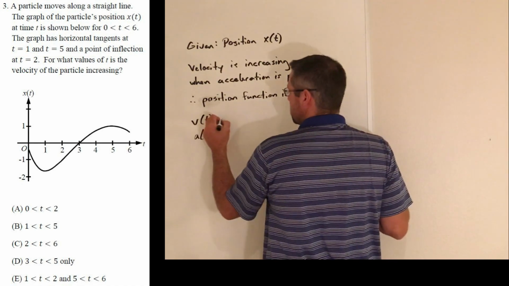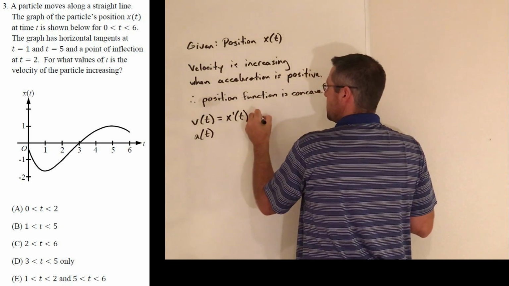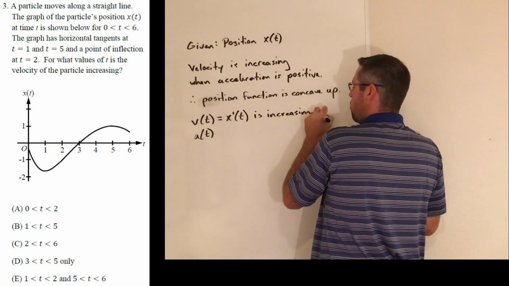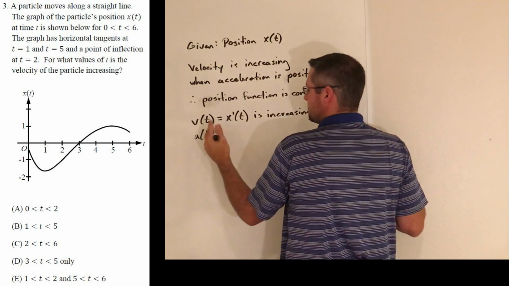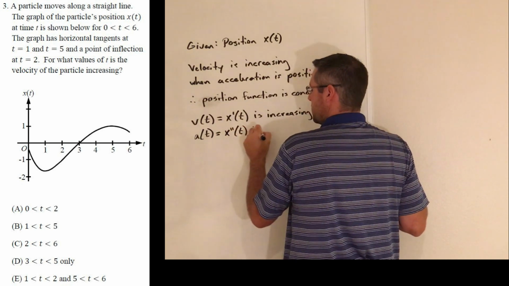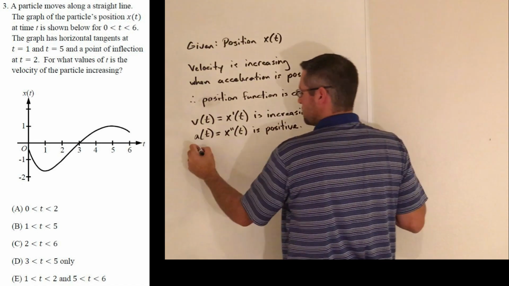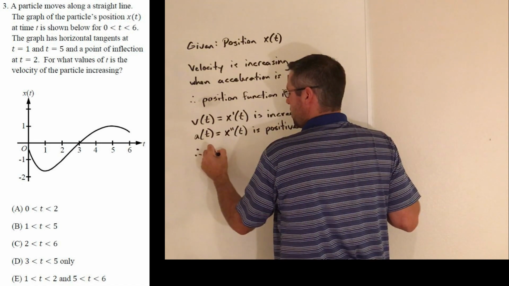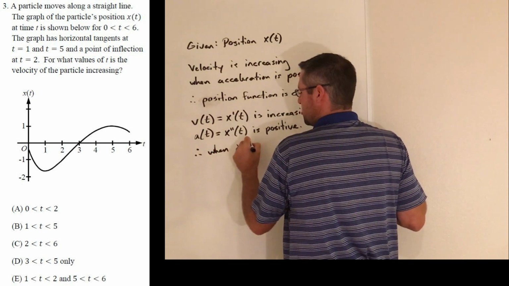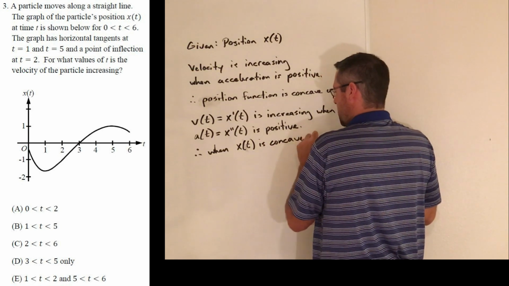So v of t, which equals x prime of t, right, is increasing when a of t, which is equal to x double prime of t, is positive. Well, this is true, therefore, we'd say, when x of t is concave up.